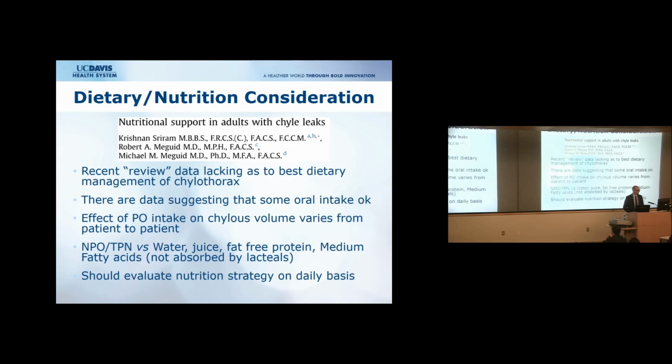There is a fair amount of data, but nothing definitive as to whether NPO status with TPN is better than, say, adding water, juice, fat-free protein, or even medium-chain fatty acids in the diet, which theoretically are not absorbed by the lacteals and so do not enter the thoracic duct system.